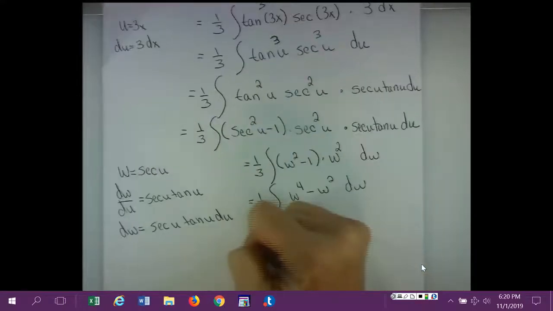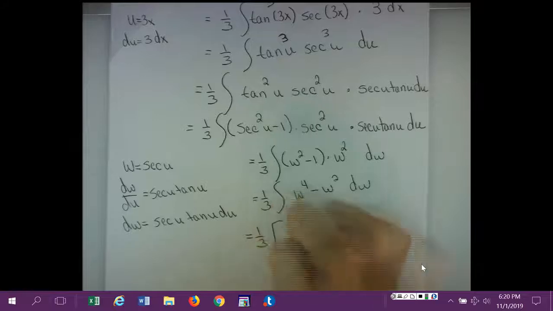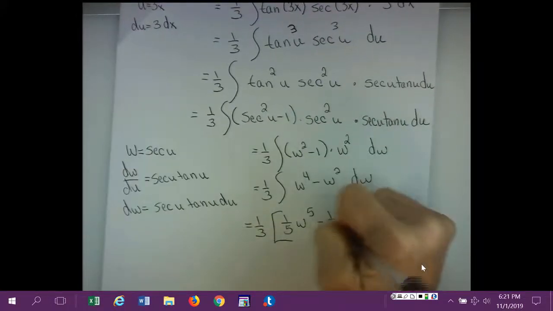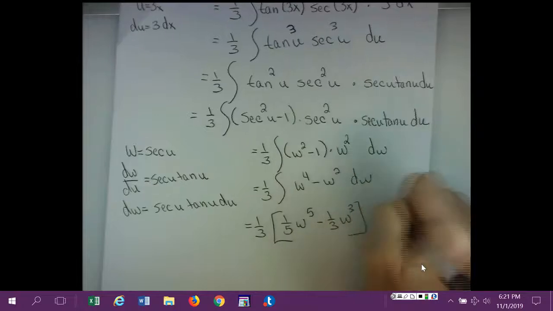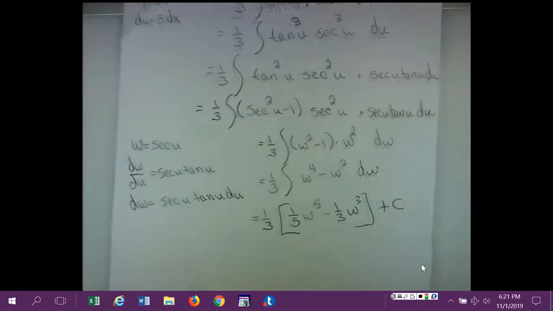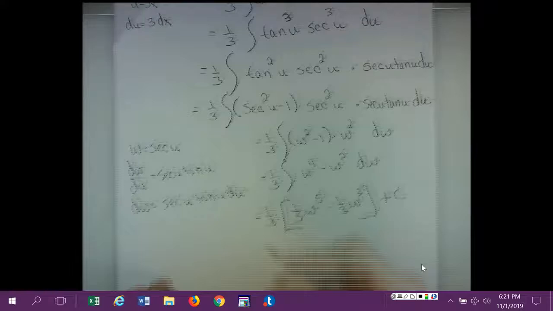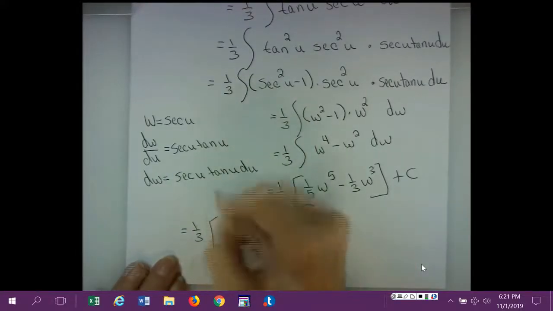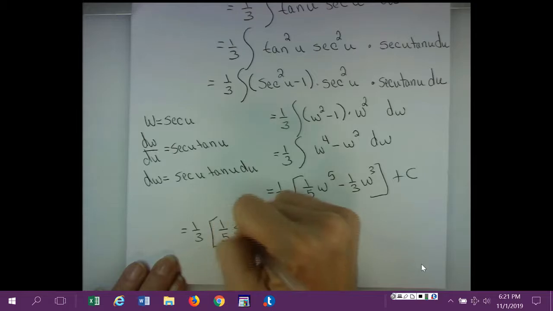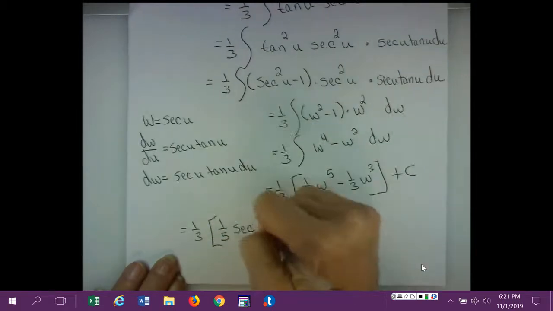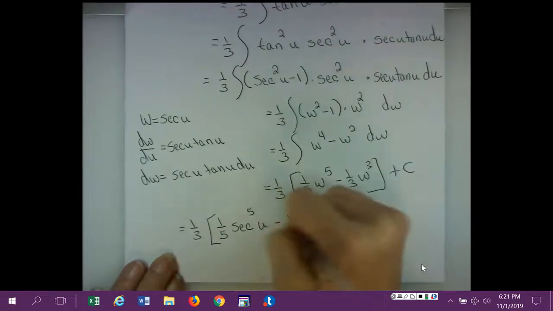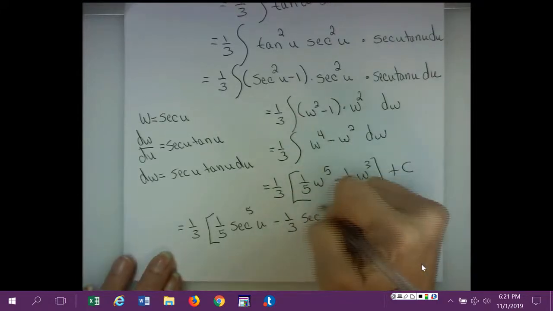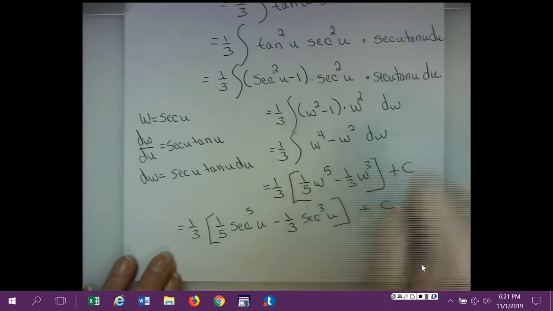The antiderivative is going to be 1/5 w to the 5th minus 1/3 w cubed plus an overall c. And then you've got to go all the way back to x. So I've got to go back to u first. 1/3, 1/5 secant of u to the 5th power minus 1/3 secant of u to the 3rd power plus c.